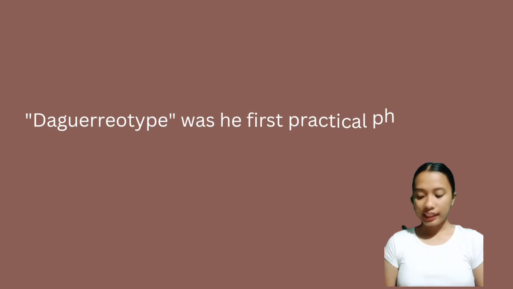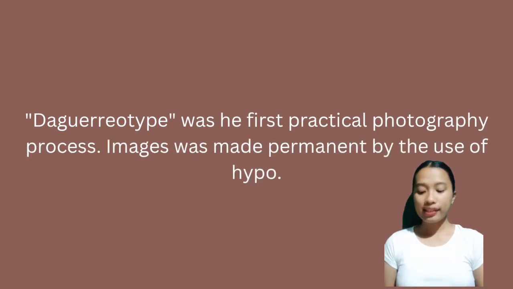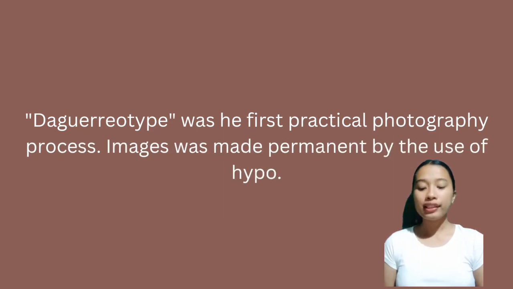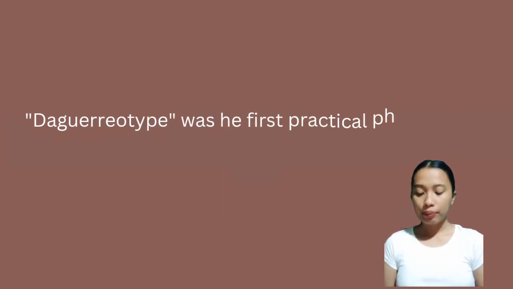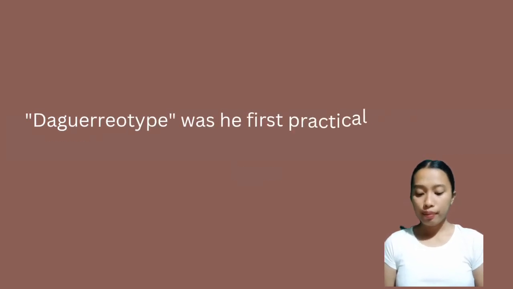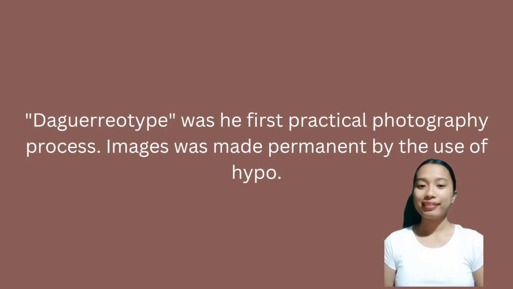In 1839, Louis Jacques Daguerre made the daguerreotype, the first practical photography process. The image was made permanent by the use of hypo.